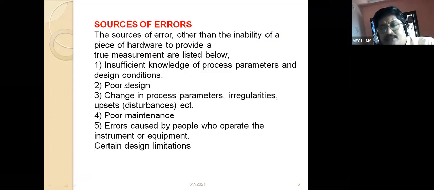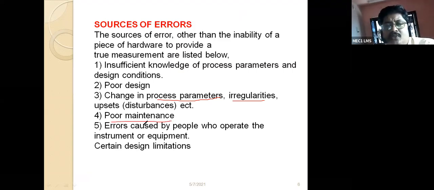Manufacturing errors, poor design is nothing but manufacturing errors. Also insufficient knowledge of process parameters and designing conditions for skilled persons. The next point is change in process parameters, irregularities, upsets, disturbances, and poor maintenance.